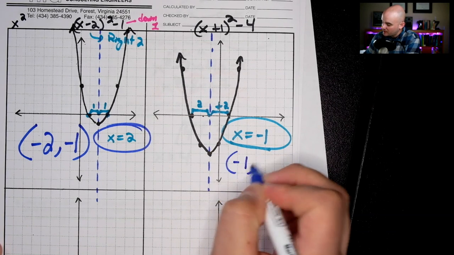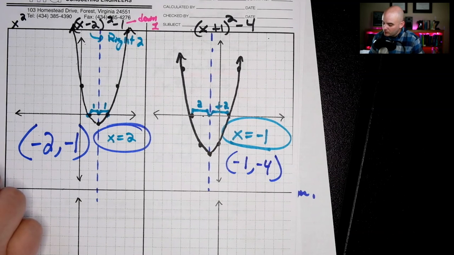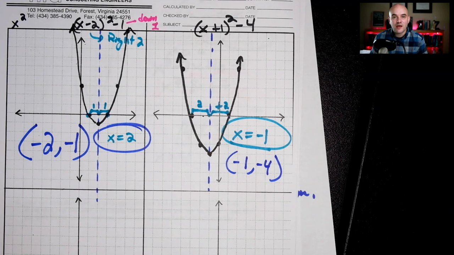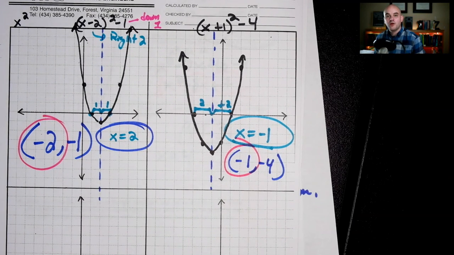And look, -1, what was it? -4. And so not only does negative b over 2a tell us the equation for the axis of symmetry, it also tells us the x value for the vertex, okay? So it helps us figure out where that x value for the vertex is. It tells us where the axis of symmetry is, okay? Those are two important things.